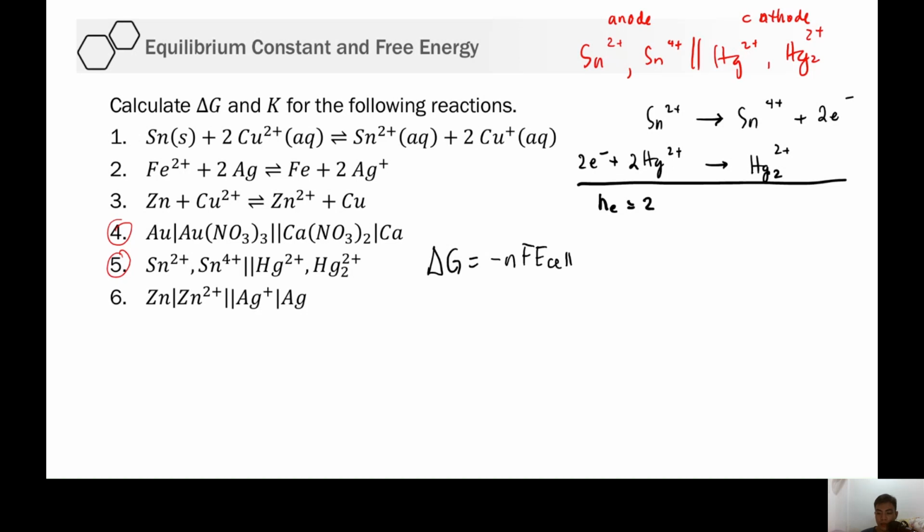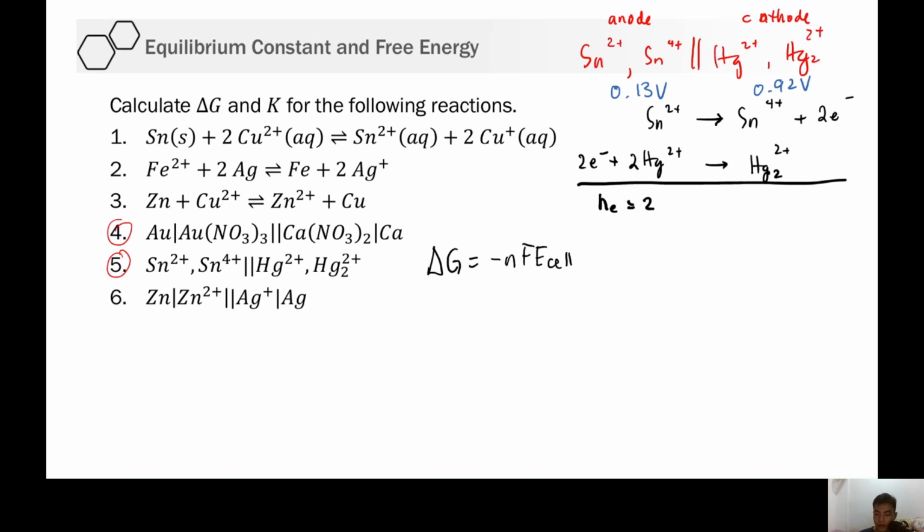Let me pull up the values for the cell potential of tin. According to the table, this is 0.13 volts, and this one is 0.92 volts.